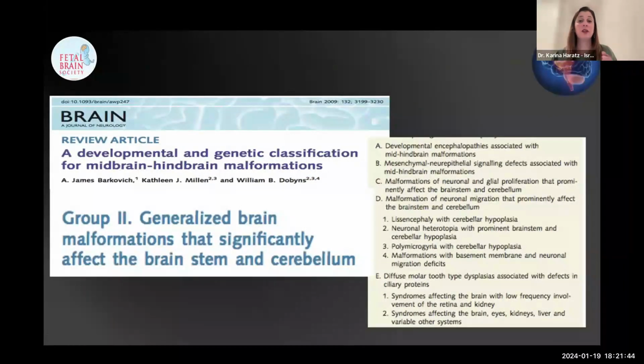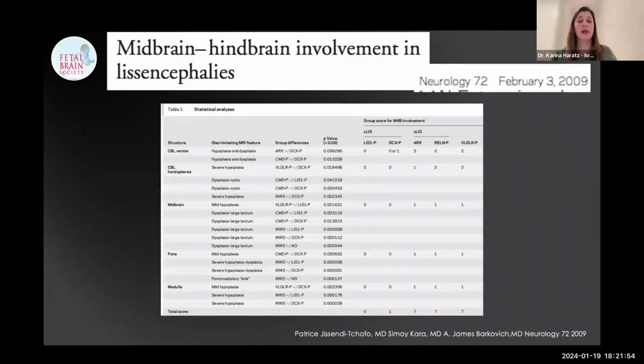Another very interesting chapter is when the cerebellum and the brainstem are abnormal together with the supratentorium, so generalized abnormalities. And the main group that is involved in brainstem abnormalities are the lissencephalies.